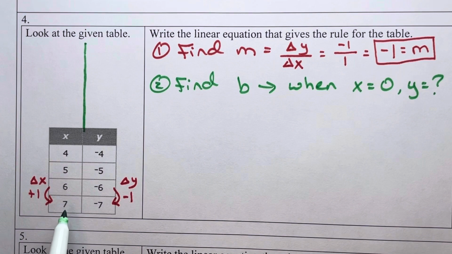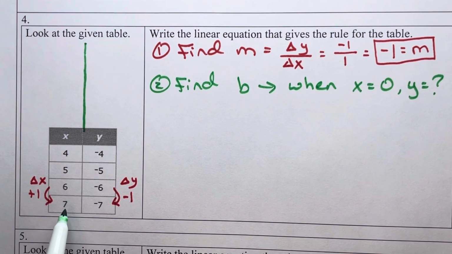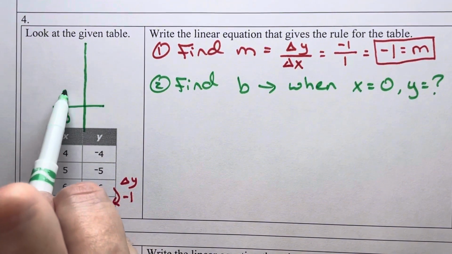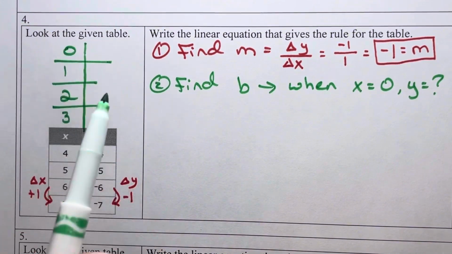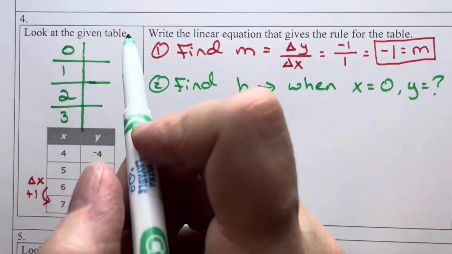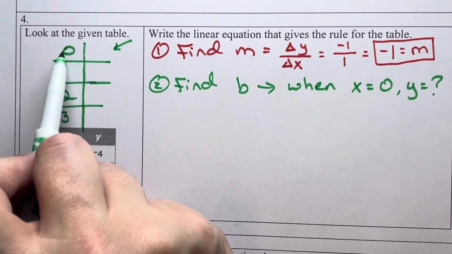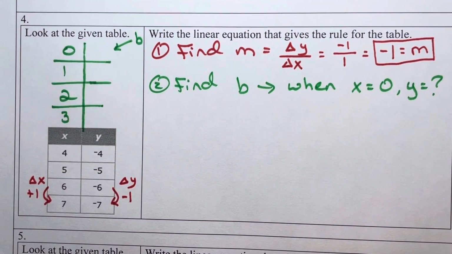Let's go see what values we do have. On the x side of your table, we have 7, 6, 5, 4. Let's go find the rest. 3, 2, 1, 0. Okay, that's as far as you needed to go, as we know that whatever the y value is when x is equal to 0, this will be our B.